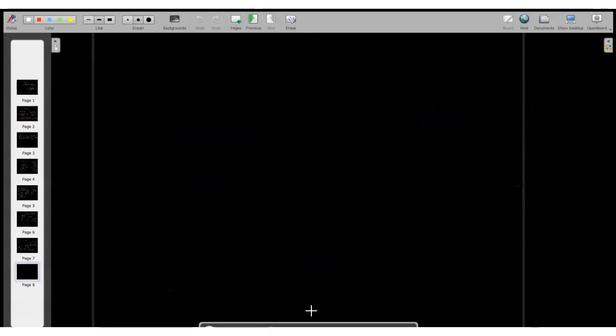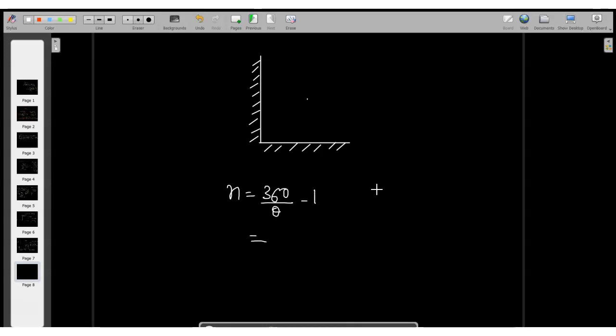Suppose now we place these two plane mirrors 90 degrees to each other, somewhat like this. Now if an object is placed between them, how many images will be formed? Again, n is equal to 360 by theta minus 1. What is theta in this case?